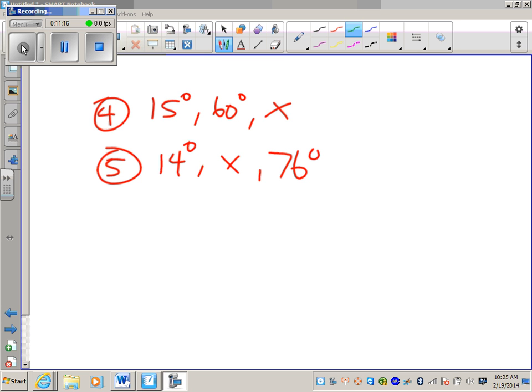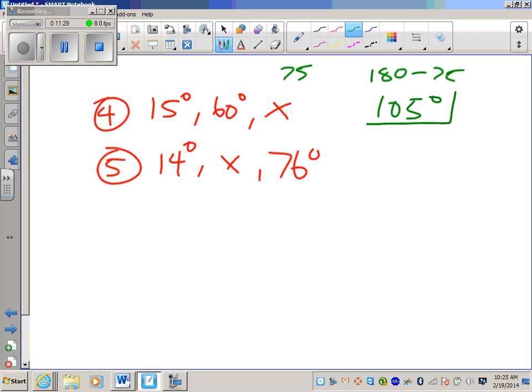15, 60. We've got 75 so far. Subtract the 75 from the 180. That's 105. So what kind of a triangle is this if we try to classify it by its angles? No, it's still a triangle.